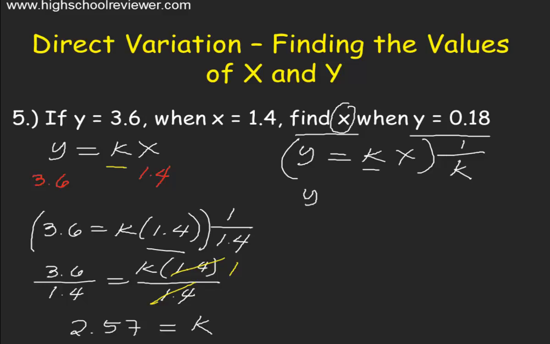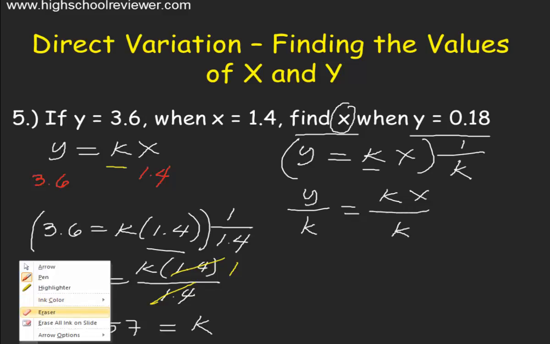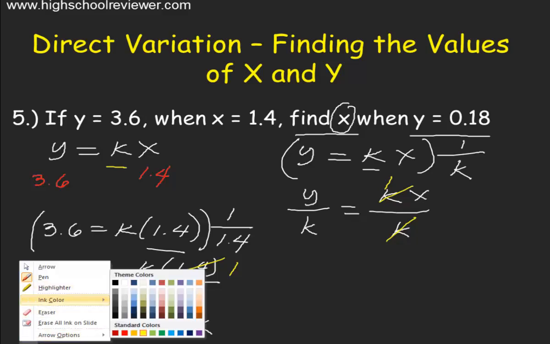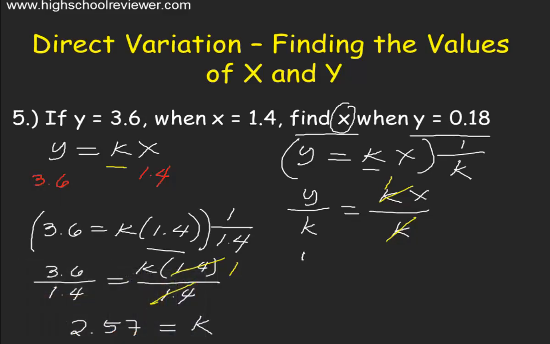So y over k is equal to kx over k, and k divided by k is equal to 1. So y over k is equal to 1 times x, that is x.